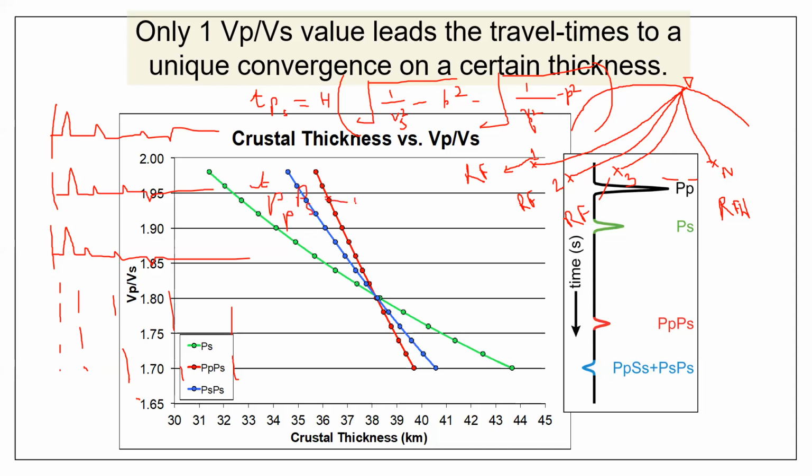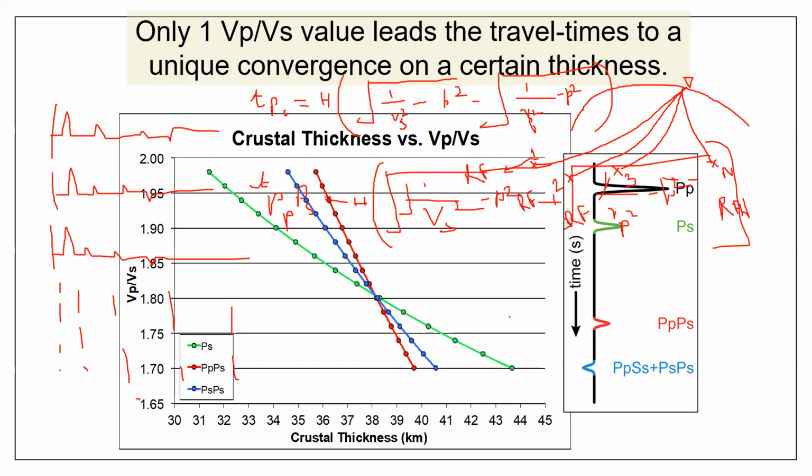that is equal to H under root, in bracket, under root 1 by Vs square minus P square, plus under root 1 by Vp square minus P square.